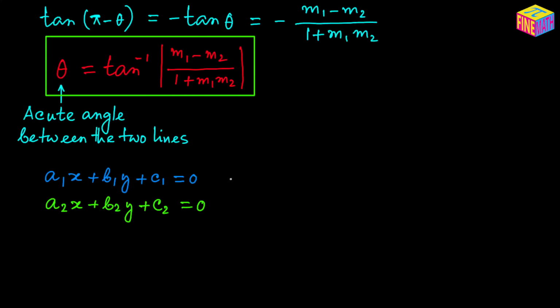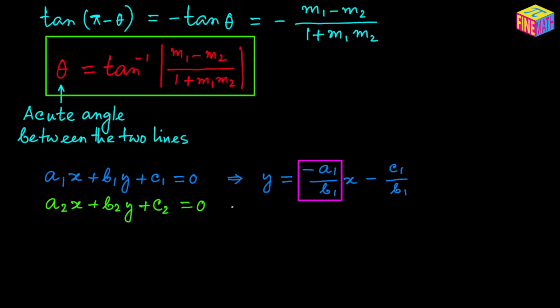Well, from the first equation, we can convert it into this form. We can write it as y equals negative a sub 1 over b sub 1 times x, minus c sub 1 over b sub 1. And there we already see the slope of the first straight line, which is negative a sub 1 over b sub 1.